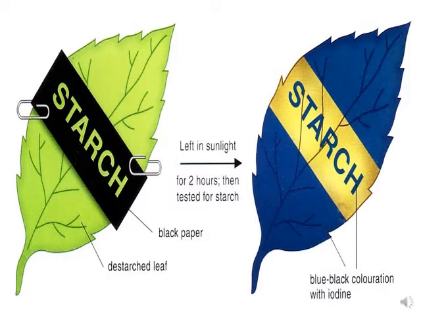So this experiment shows the process of photosynthesis, where we have a plant that is green in color, and a part of the plant is covered by a black paper as shown here, and it's left in sunlight for about 2 hours. Then we test the presence of starch.